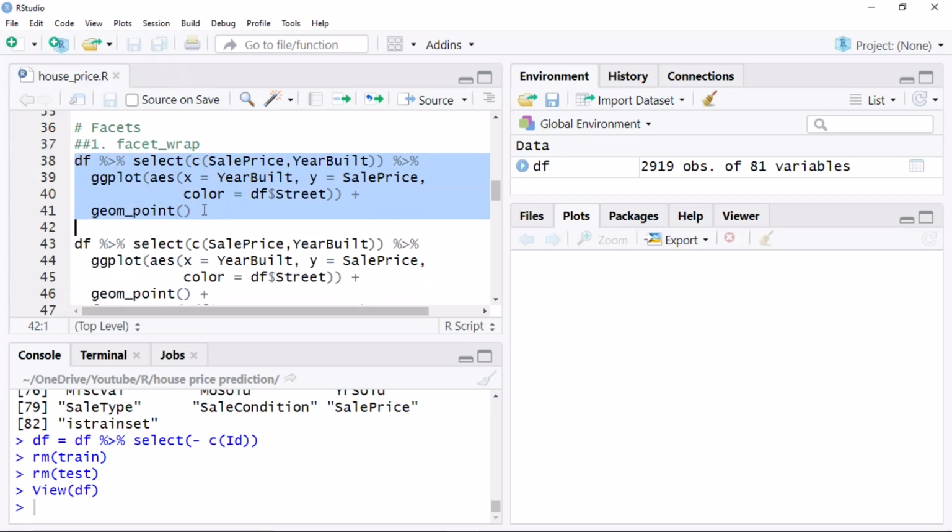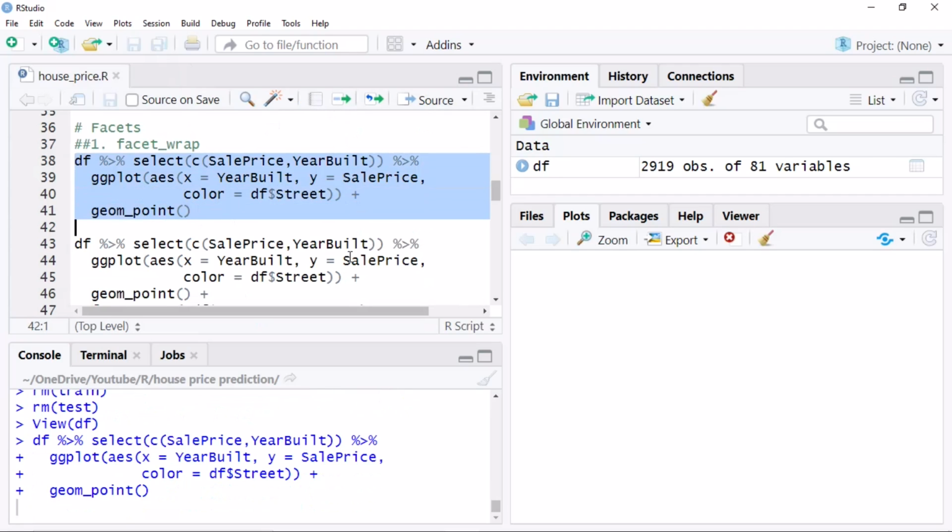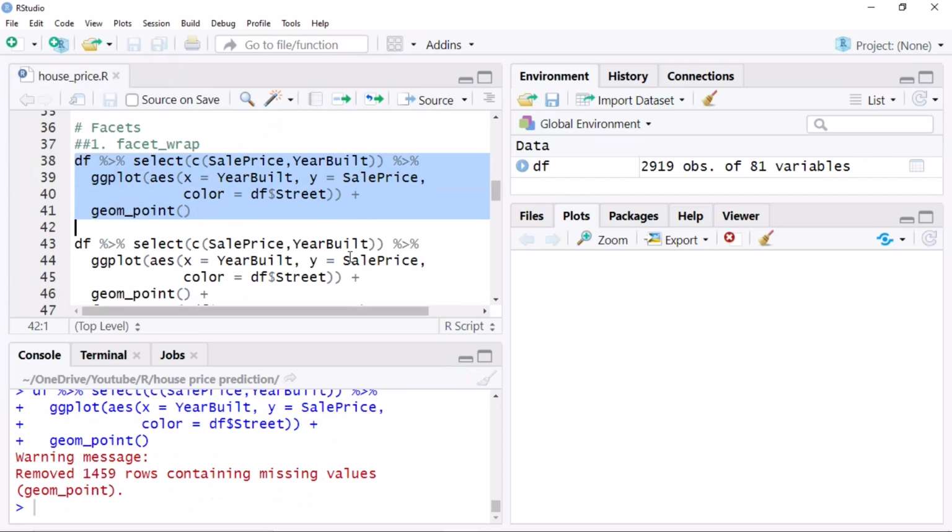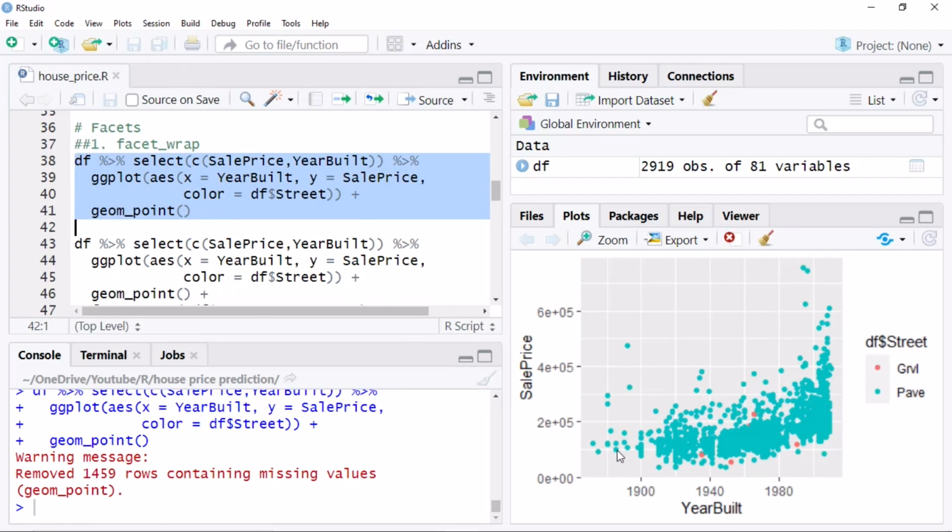Now let's run. As you go from 1900 to 2014, the sale price is increasing, and this is very obvious because day by day inflation is increasing.